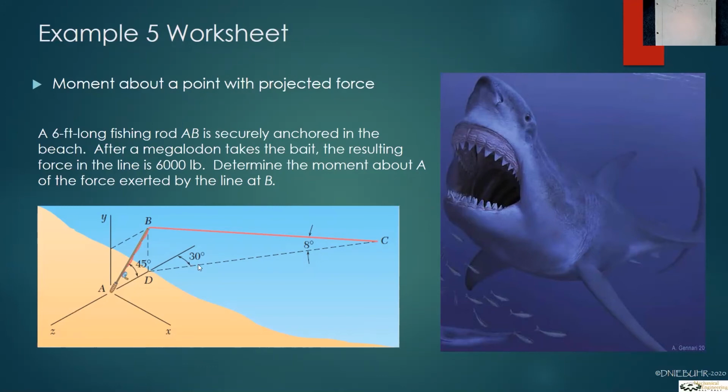So this horizontal line here should give you a hint. That's going to be what you're going to use to find the X and Z component. And then you'll get your Y component from the 8 degrees. And then just figure out what is the vector going from A to B, do your cross product, and you're done. So I know I said it's easy, but after a few of these, you'll find it that way too. So go ahead, take your time, work on this, pause the video, and then when you're ready, come back.